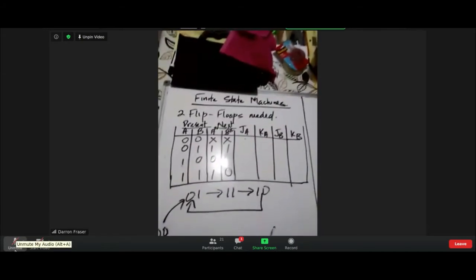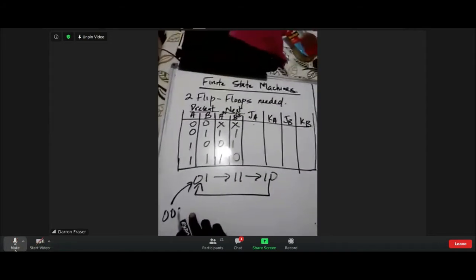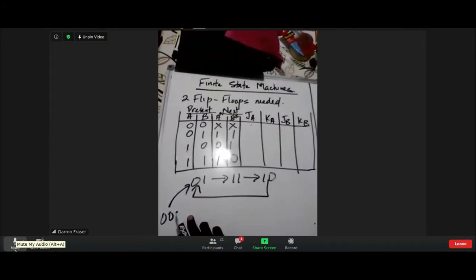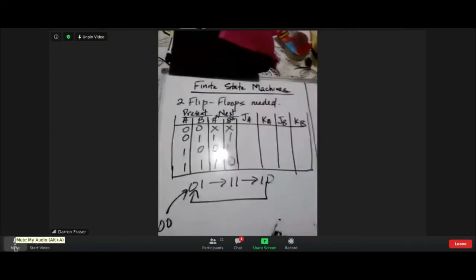We can do that, or I'm going to put don't care for the time being. Everybody understand what we're saying with the 0, 0? You can't put anything there basically. So I'm putting don't care.